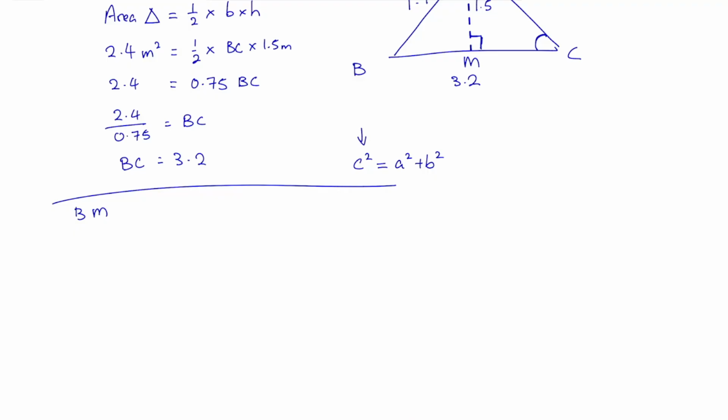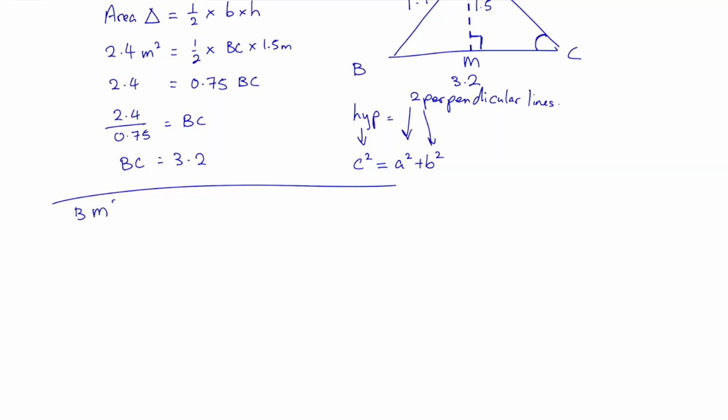This C is my hypotenuse. Then this A and B are the two perpendicular lines of the triangle.